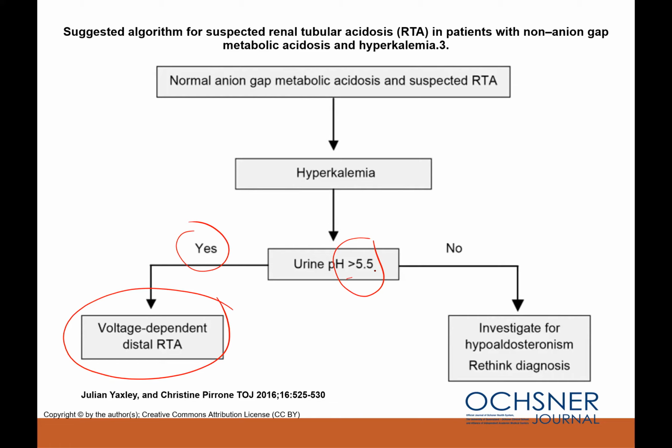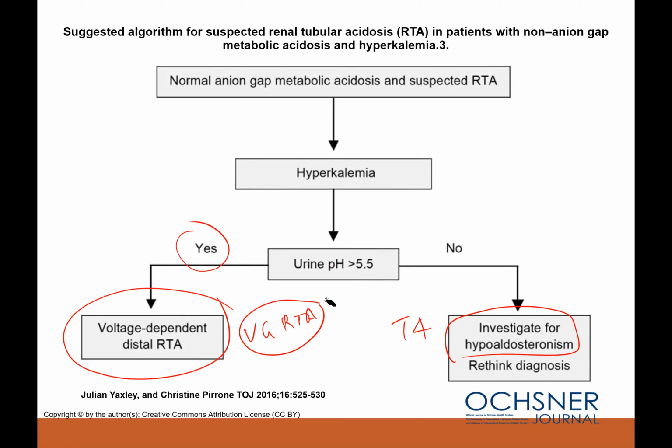If it is not more than 5.5, if it is less than 5.5, then you have to think of type 4 for the hypoaldosteronism or aldosterone resistance type. So this is the T4 type. This is the V type, that is the voltage gated type of RTA. So in hyperkalemia, the immediate answer is to look at the pH.